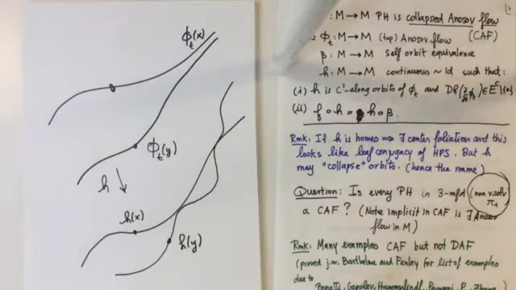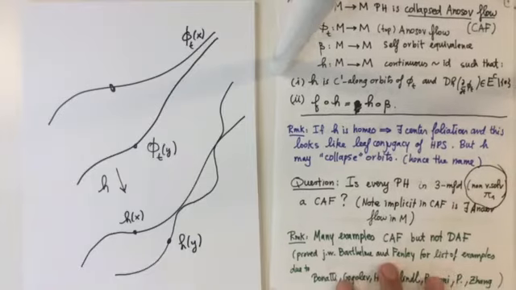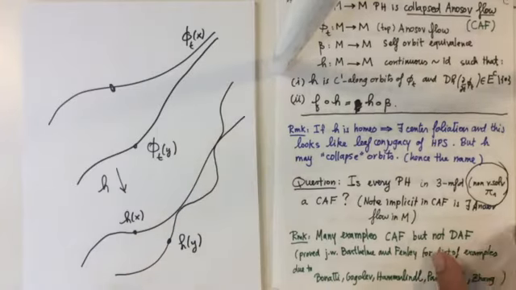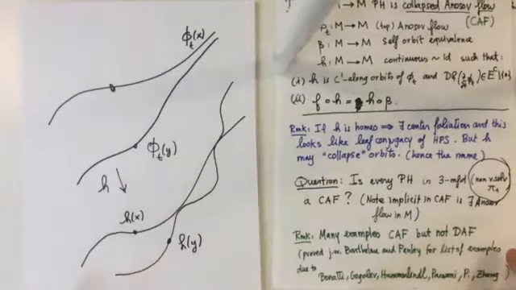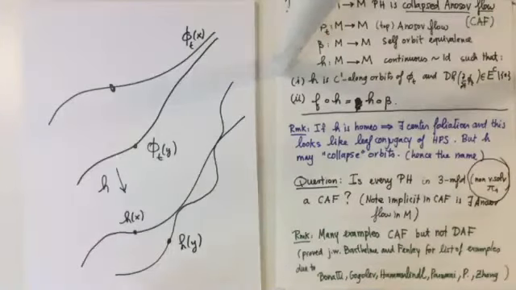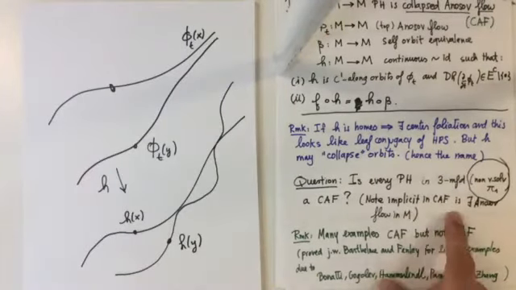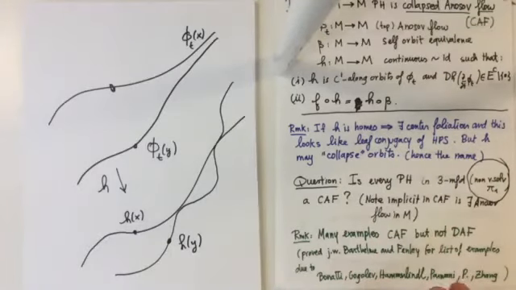So it could be, in principle, that every partially hyperbolic diffeomorphism belongs to this class, or it could be that they don't, and so new things need to be understood.